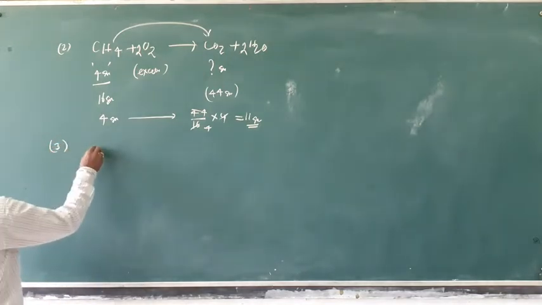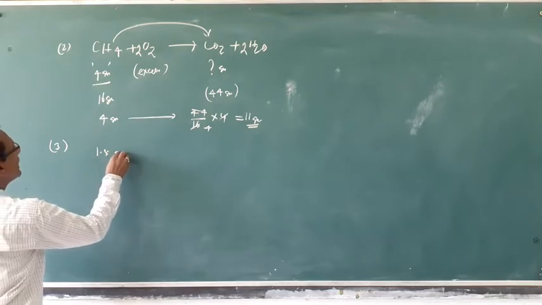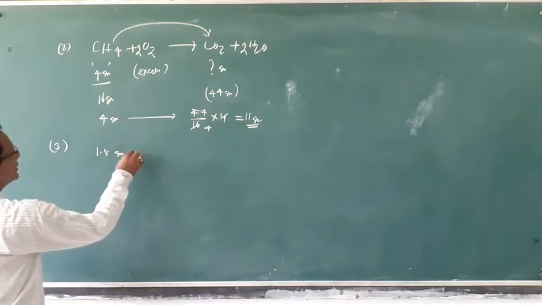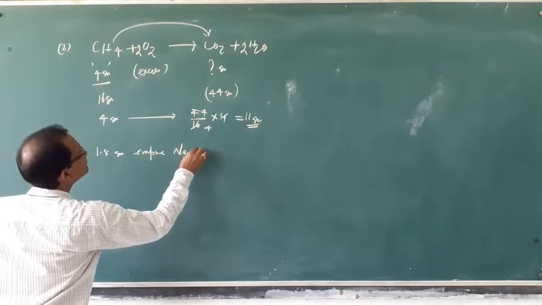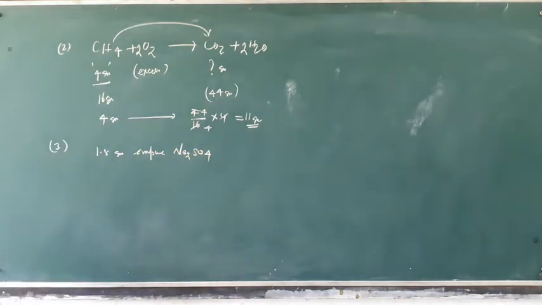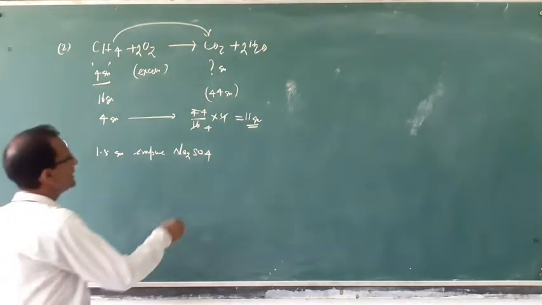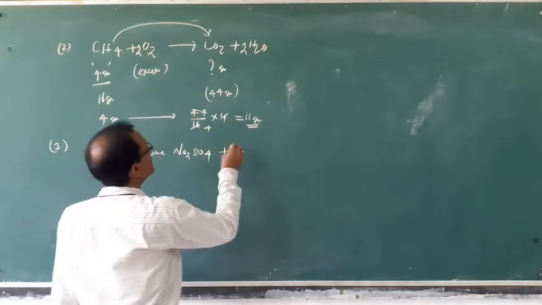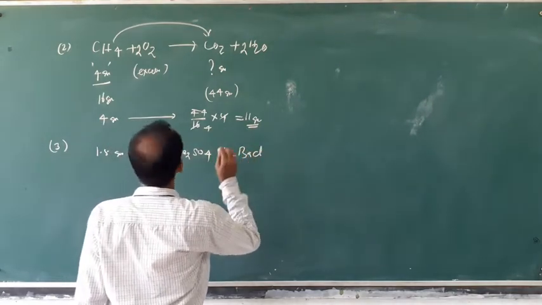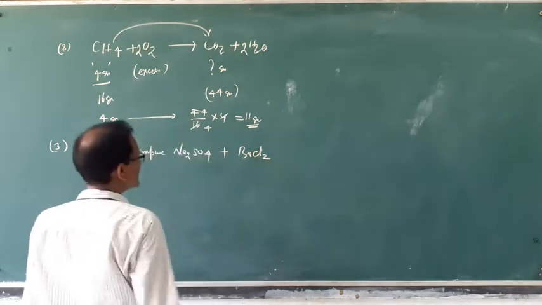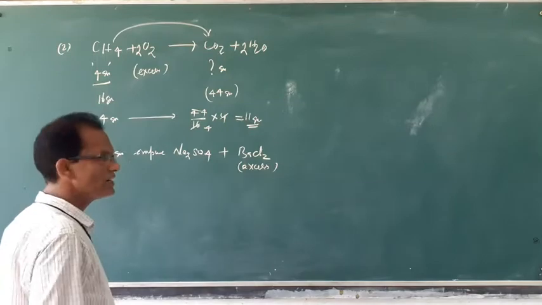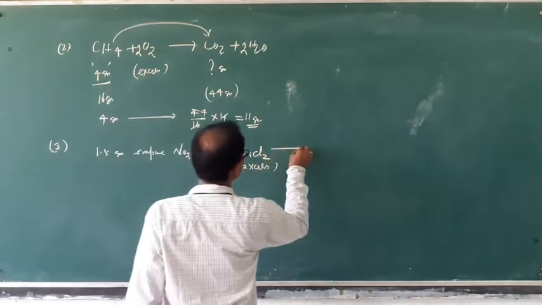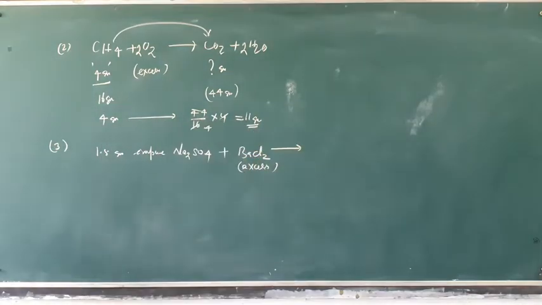Then question number 3, 1.5 gram impure sodium sulfate reacts with excess barium chloride solution, forming how much barium sulfate?